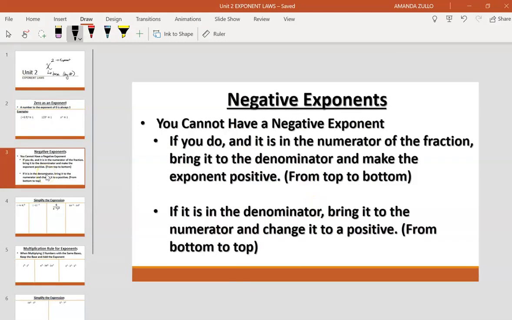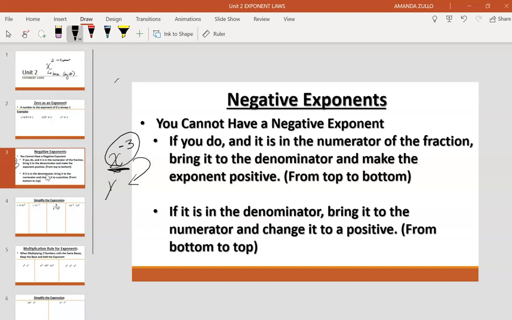Next, we have negative exponents. So you can't have a negative exponent. If you do have a negative exponent and it's in the numerator or the top of the fraction, you're going to want to bring it into the bottom of the fraction. So if you have like x to the negative 3 over y, you're going to want to take this and bring it down to the bottom.